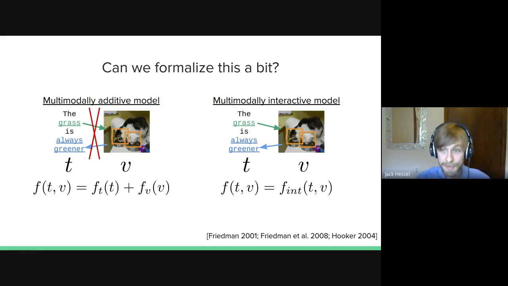In contrast, multimodally interactive models are those that are capable of doing more sophisticated inferences across modalities. And models like LXMERT, these big transformers, in theory are interactive. So certainly they're capable of modeling these interactions. But are they doing so for these communication tasks that we're interested in?